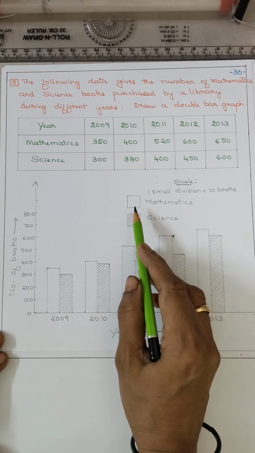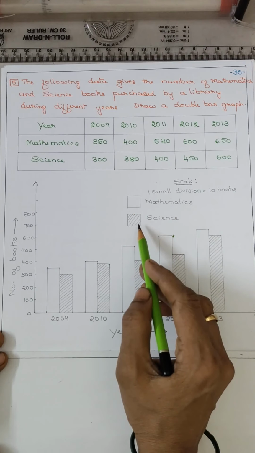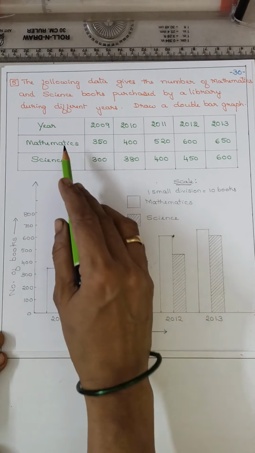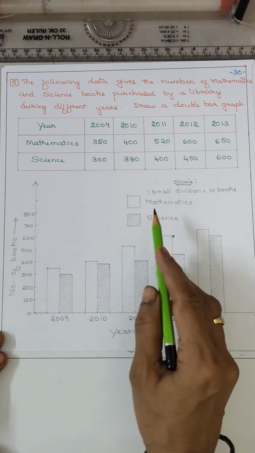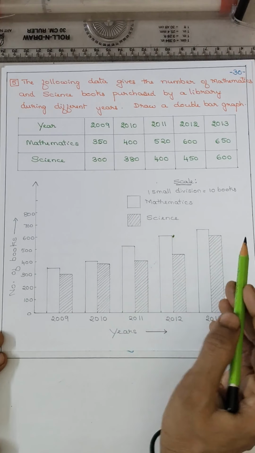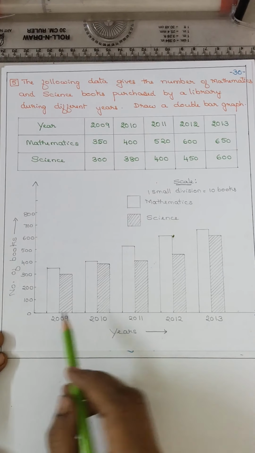Now, the empty box, that is for mathematics, and the shaded one is for the science. So first is mathematics, second is science. So first empty is for mathematics, shaded for science. Now 350 mathematics, first one.